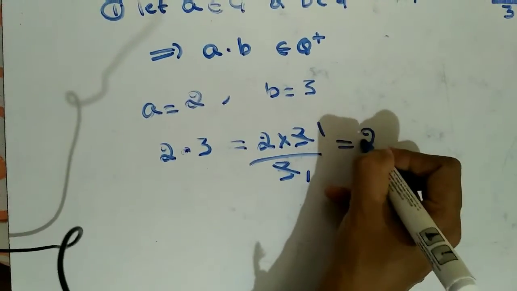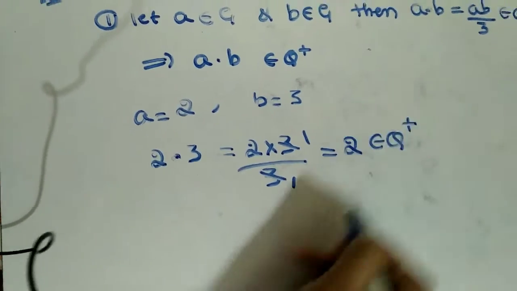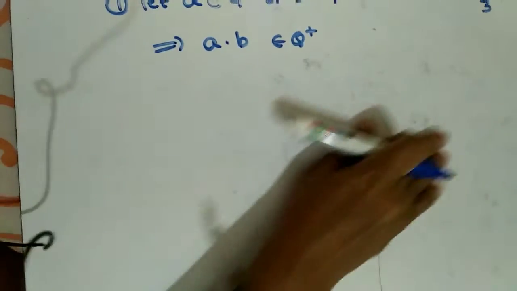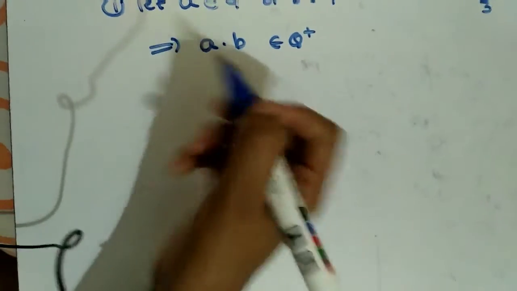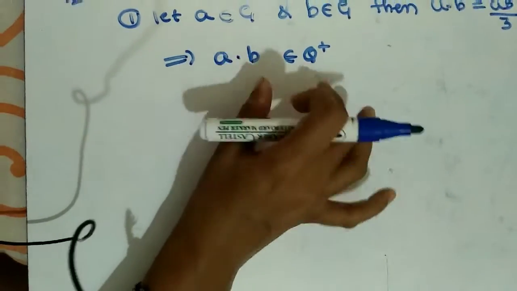Your answer is 3, and this also belongs to Q plus. So you have to check this way. If you take any numbers and check, the closure law is satisfied in this condition.